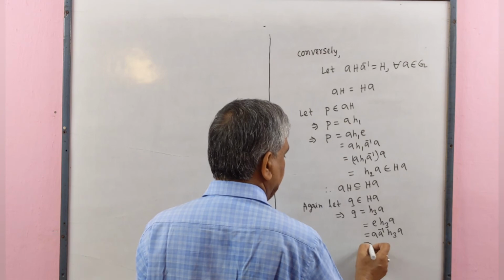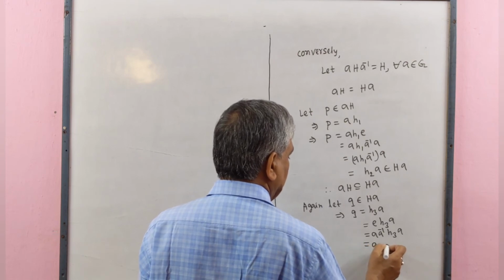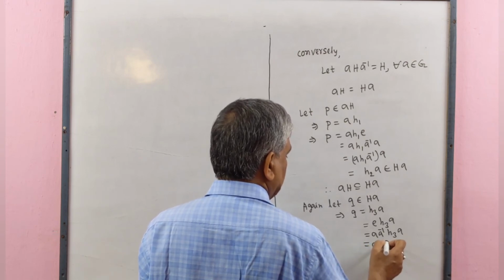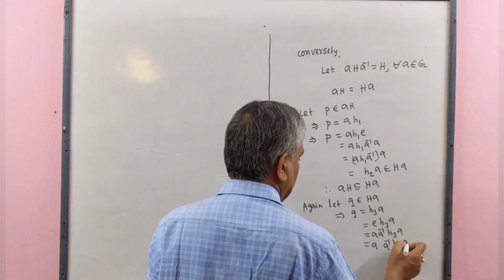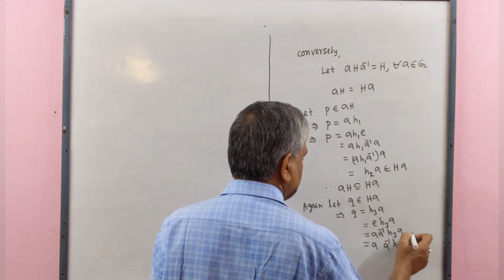We may also write this as (A inverse H3 A inverse inverse), where the inverse of A inverse means A.